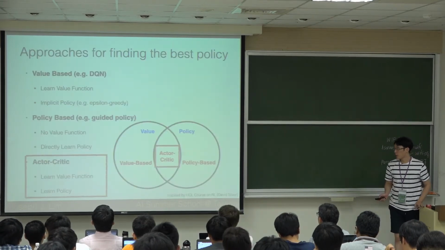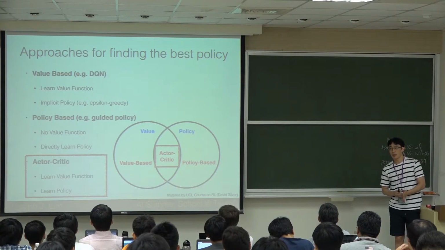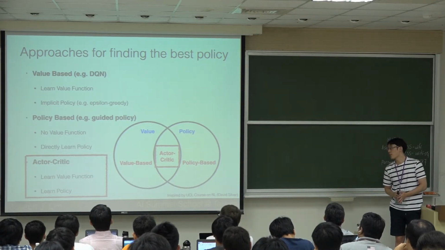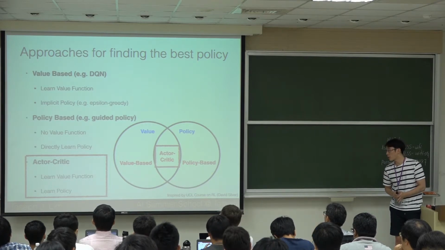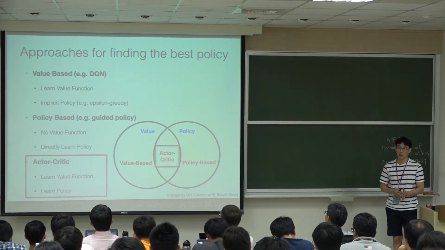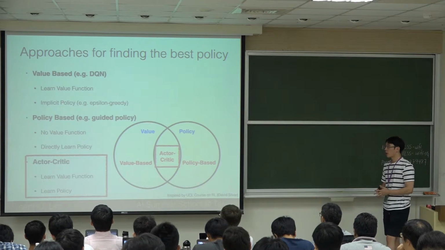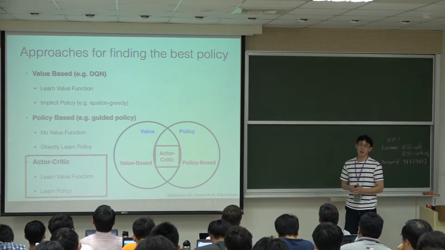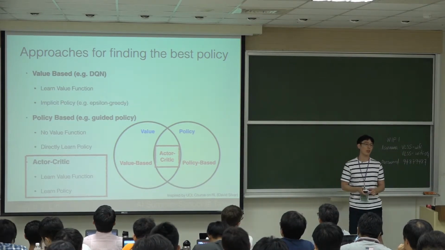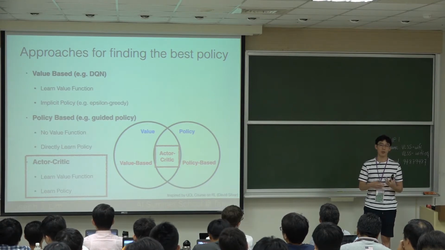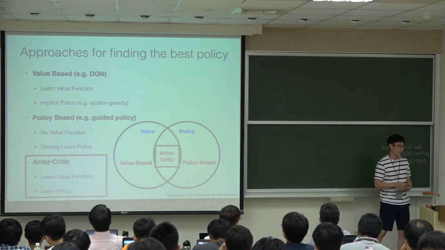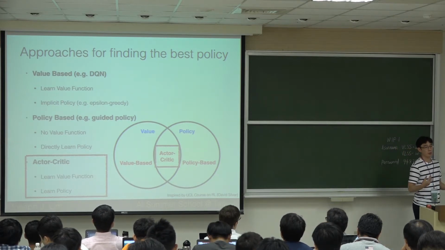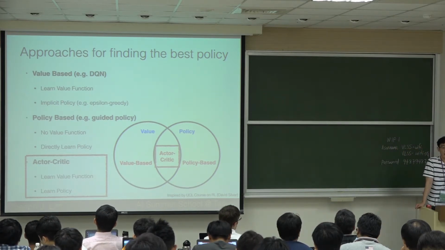For those who are beginners to reinforcement learning or deep learning in general, you can just remember this part. There's a value-based approach, a policy-based approach, and an actor-critic model. The value-based approach tries to learn or estimate the value of each state or state and action. The caveat is that sometimes it's hard to interpret what it means.